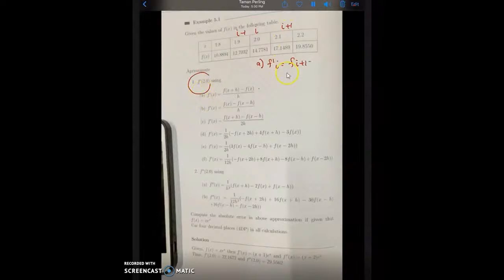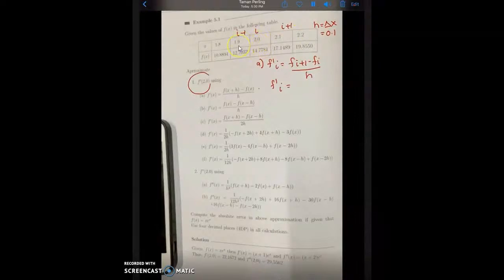You need to use the formula f(i+1) minus f(i) divided by h. This is the forward difference formula. Please insert the values: 17.1489 minus 14.7781 divided by h, where h is uniform, 0.1.